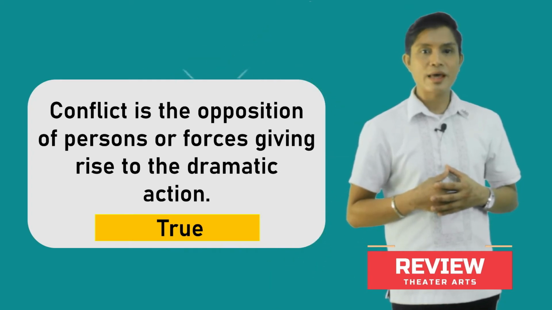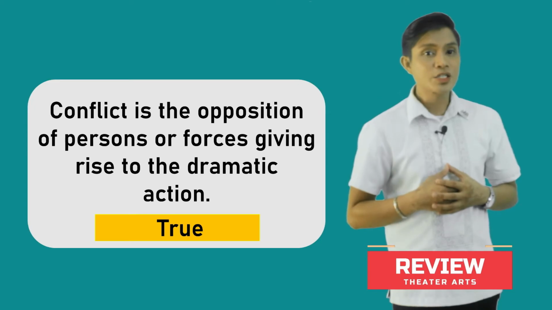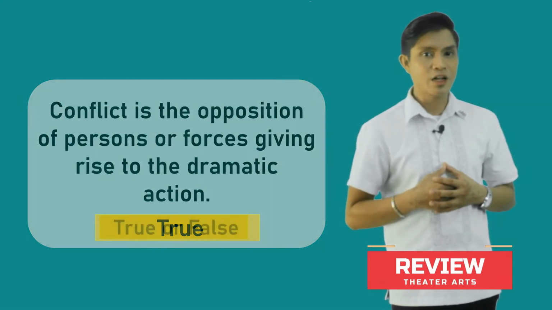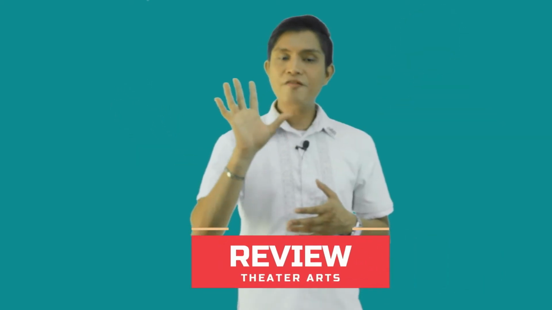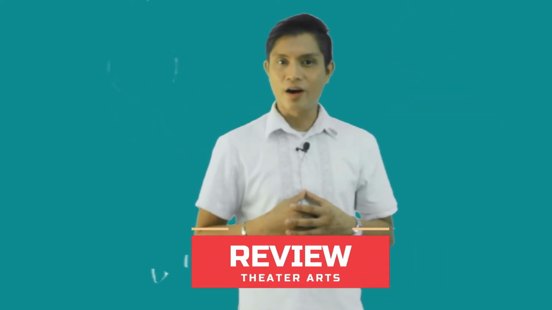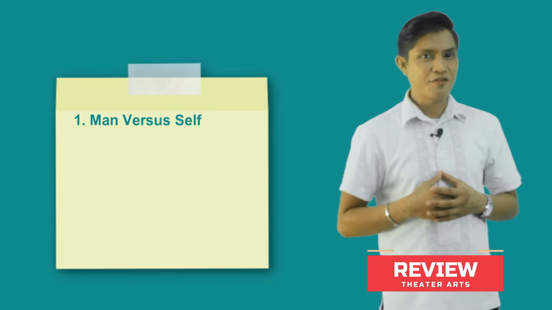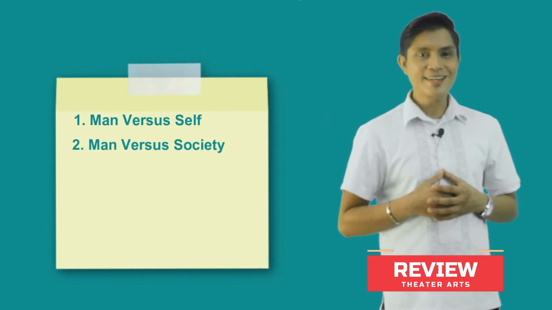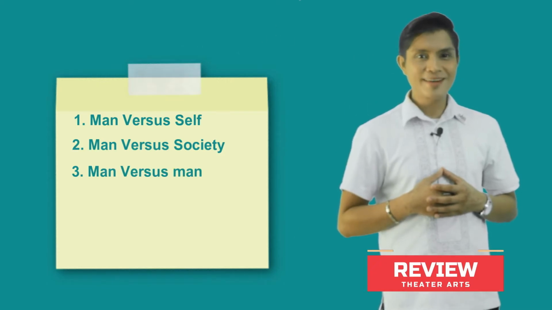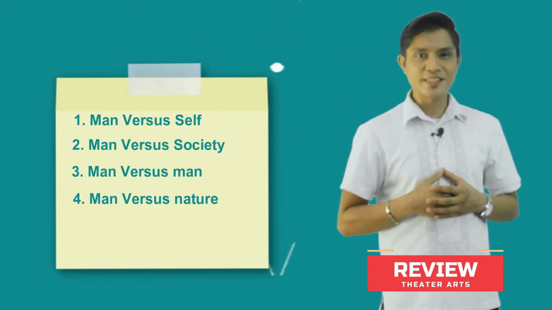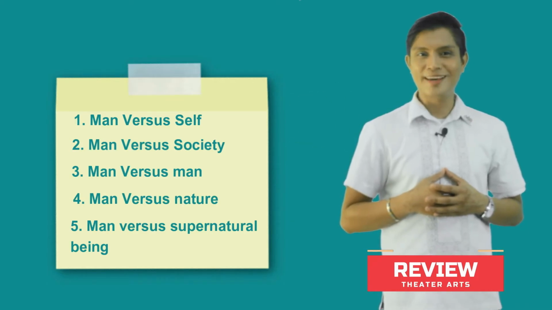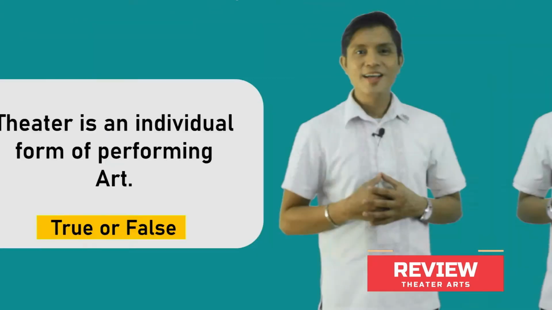Conflict occurs when the main character struggles with either an external conflict or an internal conflict. 5 common types of conflict are man versus self, man versus society, man versus man, man versus nature, and man versus supernatural being.